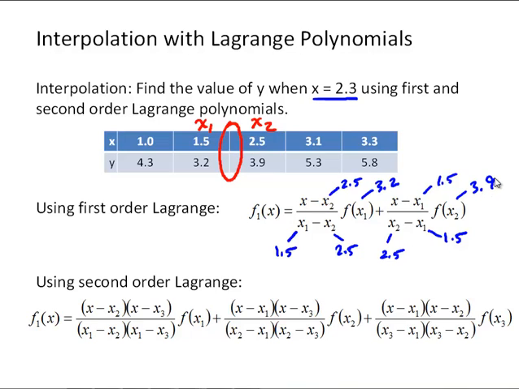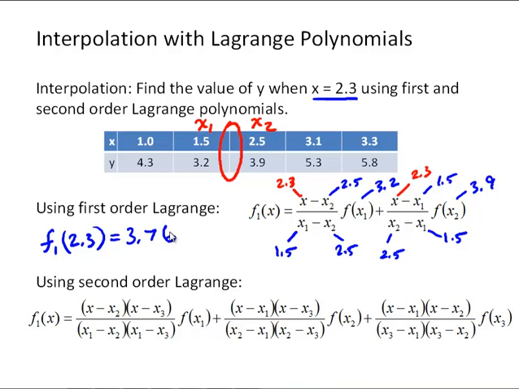And then the value of x at which we're interpolating, that's that 2.3. So we'll plug that in here, 2.3 and 2.3. And now everything on the right-hand side of this equation is just numbers. So we'll plug that all in, either on MATLAB or just in a calculator, and we get f1, our first order Lagrange interpolating polynomial, for x equals 2.3 is equal to 3.76.